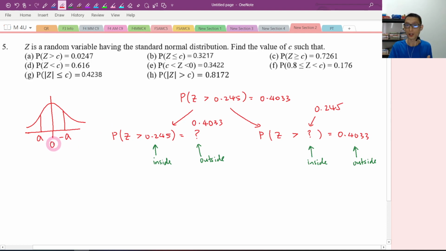This is 0, right? Here's negative, here positive. Why do I write this way? If I write A on the left hand side of 0, this means that A is actually a negative value, right? When I reflect it to the right hand side, it actually becomes positive. But why do I write a negative in front of it?